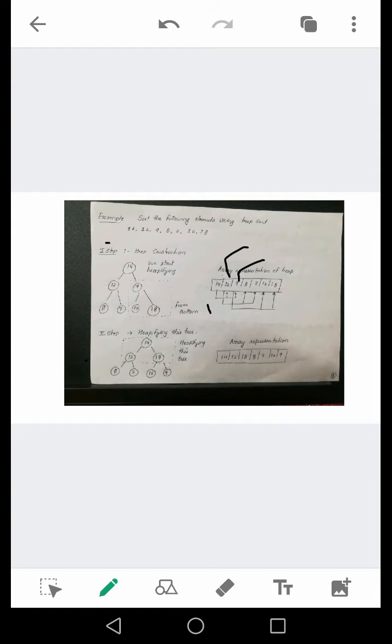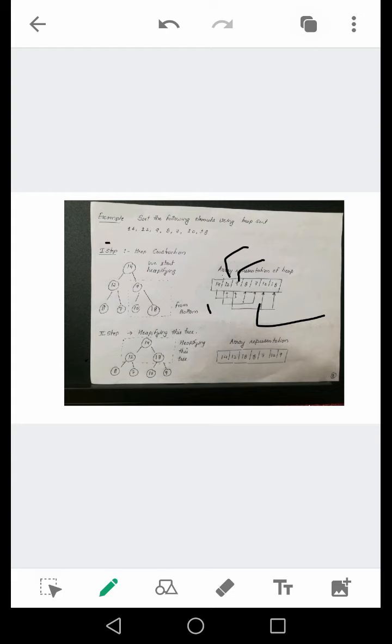In a similar way, 8 and 7 are the left and the right child of the node 12. In the same way, 10 and 18 are the left and the right child of the node 9. So here we can easily go for the array representation of heap.